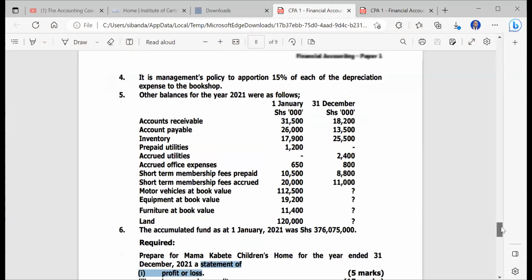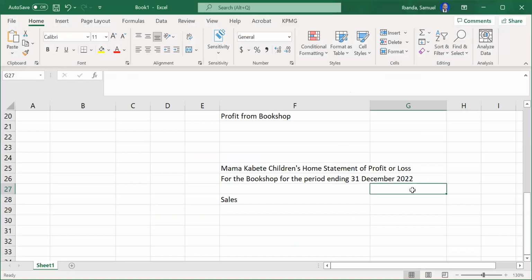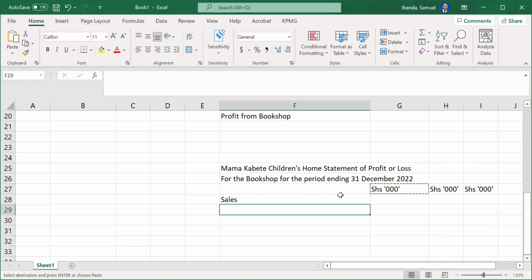The examiner is doing amounts in thousands, so I also just work in thousands, just to correlate. So I'll put amounts, thousands there. Like that.